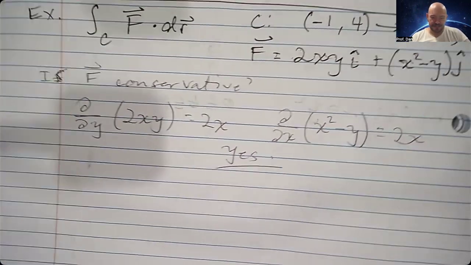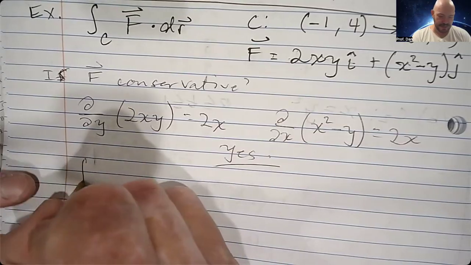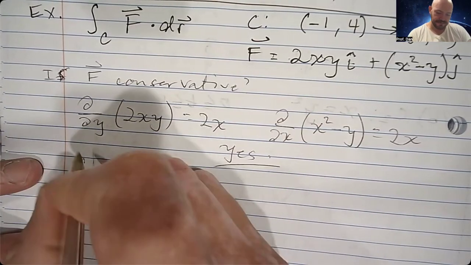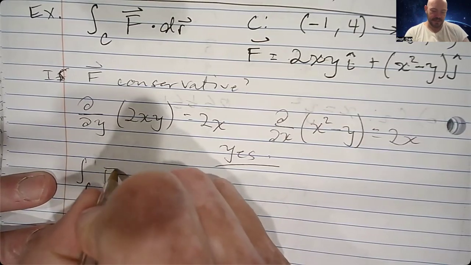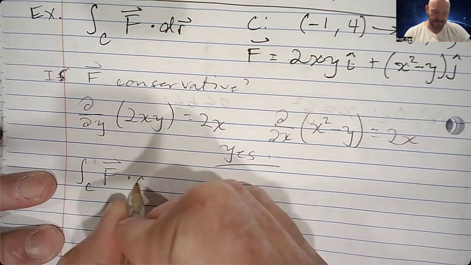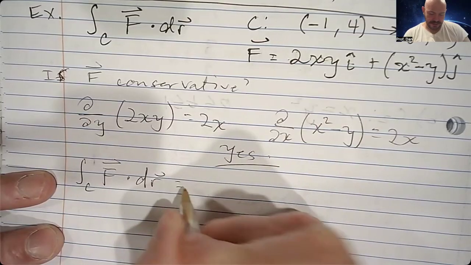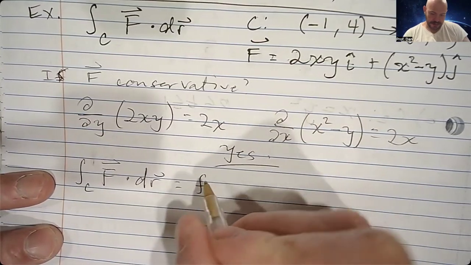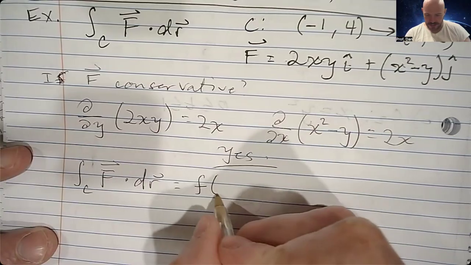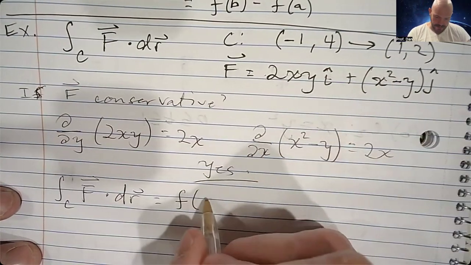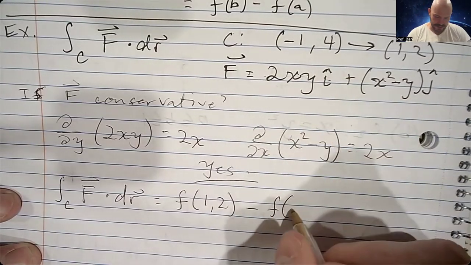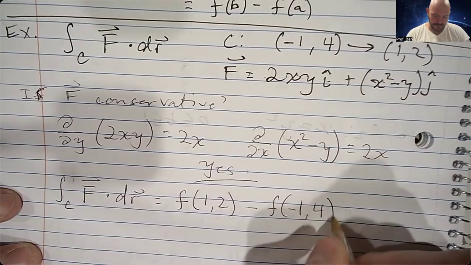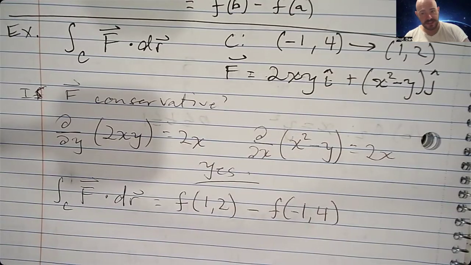Because the vector field F is conservative, that tells me that the integral over the path C of F dot dr is going to be equal to my potential function evaluated at the final point, (1, 2), minus my potential function evaluated at the initial point, (-1, 4), no matter what path I take.